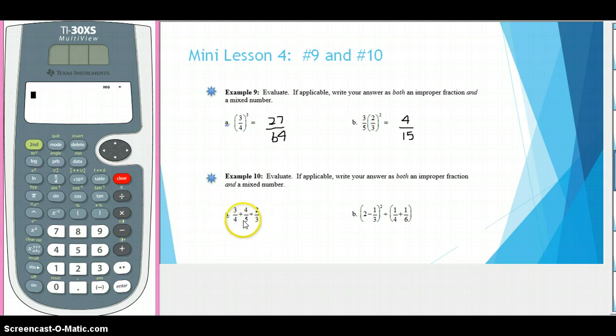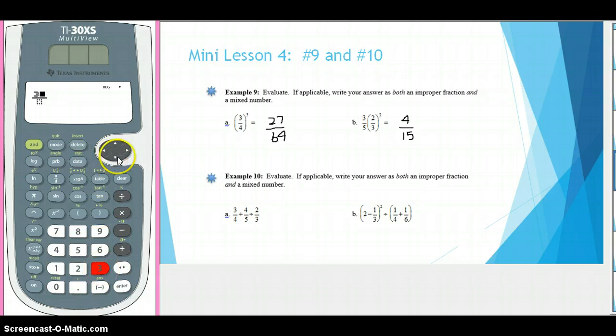Now for this problem, we have addition and division. If we were doing this by hand, we do the division first and then the addition. For the calculator, we just punch it in as we see it. Oops, but that's not how we saw it. Let's go back. I'm going to delete that 2.